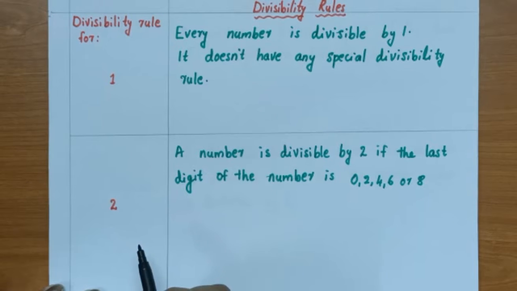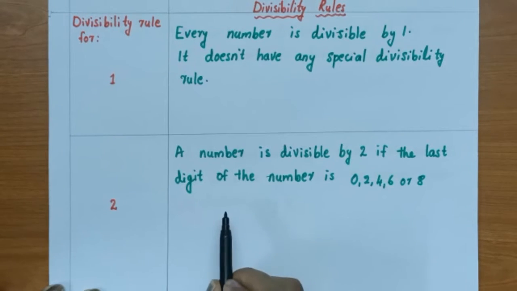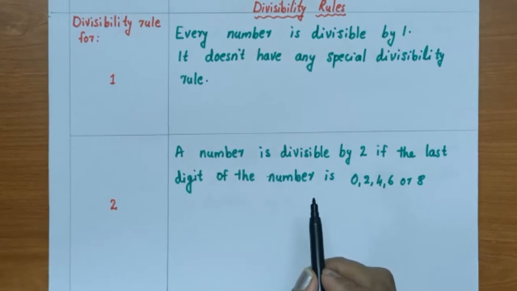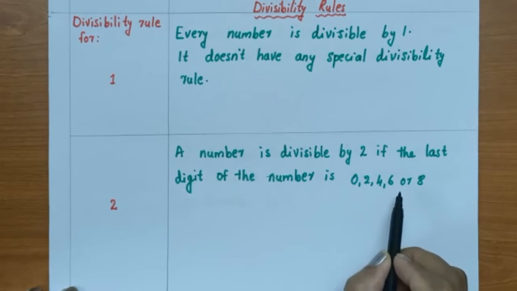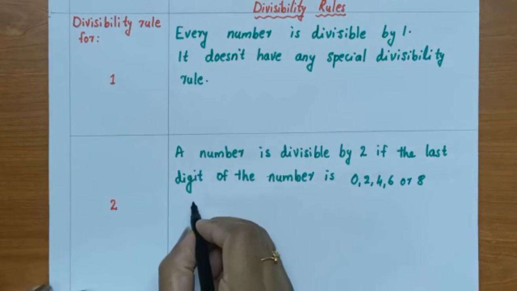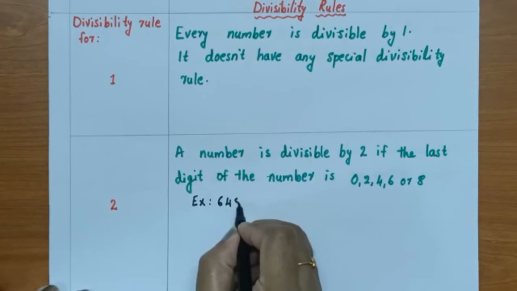Divisibility rule for 2. A number is divisible by 2 if the last digit of the number is 0, 2, 4, 6 or 8. For example, 648.